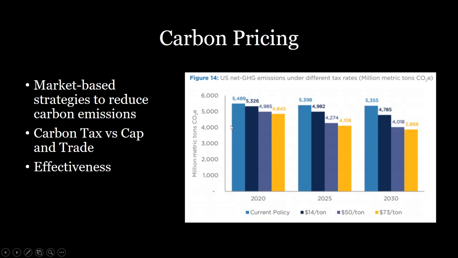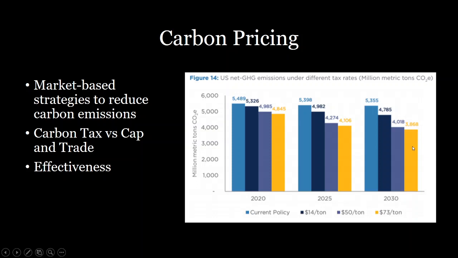We can also see that the amount of carbon that's no longer emitted really depends on the price of that carbon tax, what the cost per ton of carbon is. And the more expensive the carbon tax, the more industry is incentivized to change their policies, and the more emissions are going to be reduced.